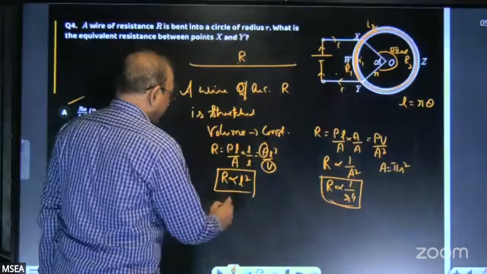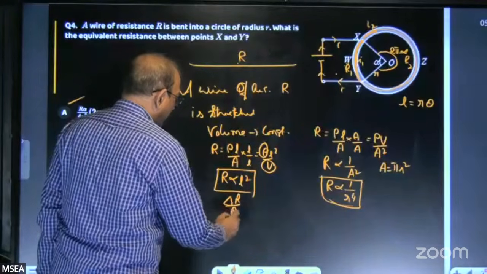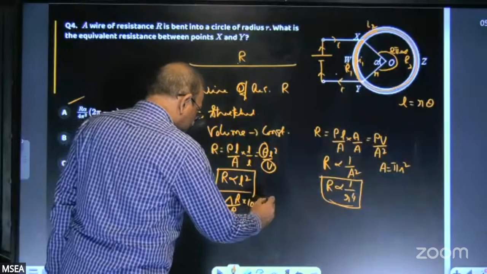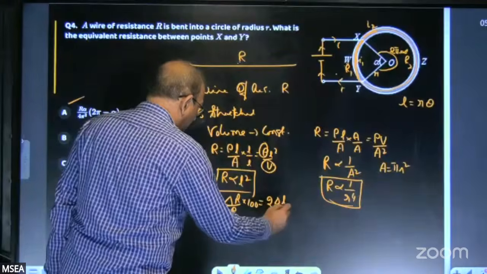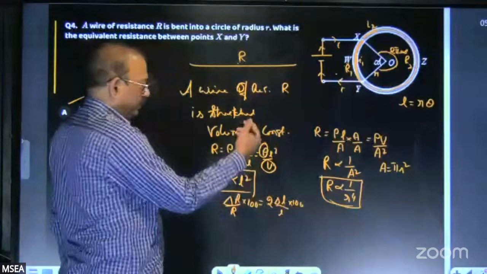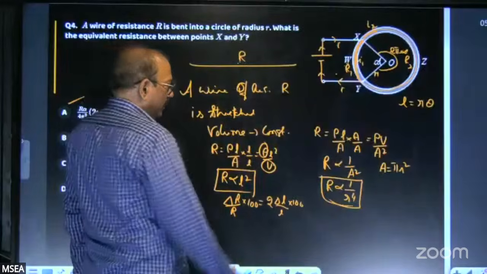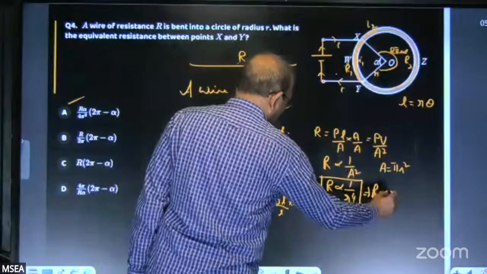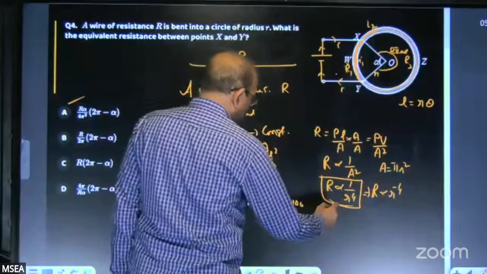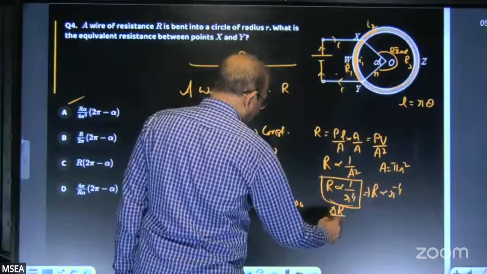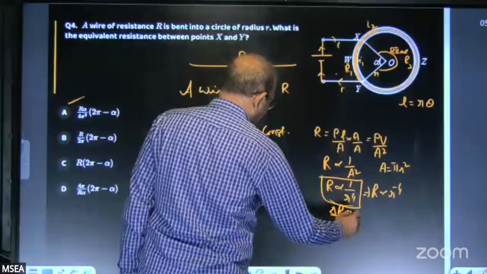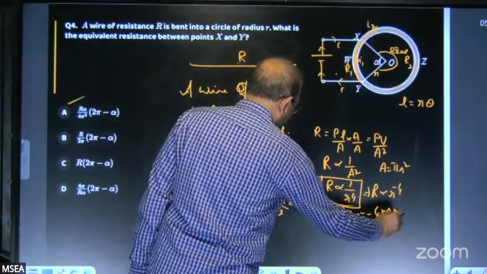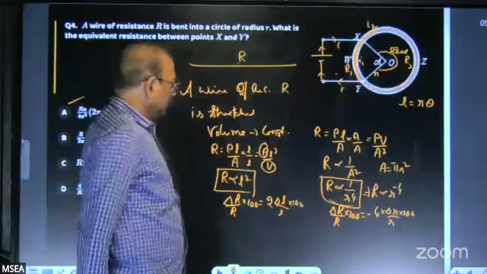In that case, you can write like this: delta R by R into 100 is 2 times delta L by L into 100, and you can solve it now. Similarly, for this, R is proportional to r power minus 4, so delta R by R into 100 is minus 4 into delta small r by r into 100.